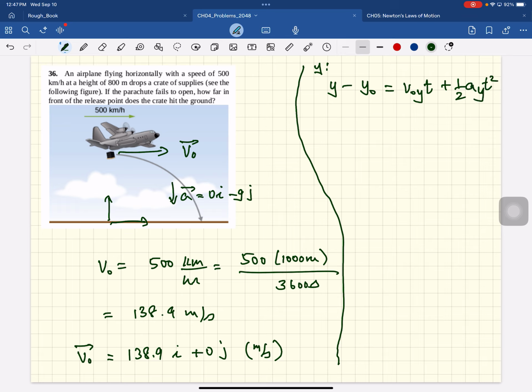The final y location of the object is 0 meters. The initial location is 800 meters. The initial y component of the velocity is 0, minus 9.8 divided by 2 times t squared. And we know what the negative solution means, so we won't even write it down.